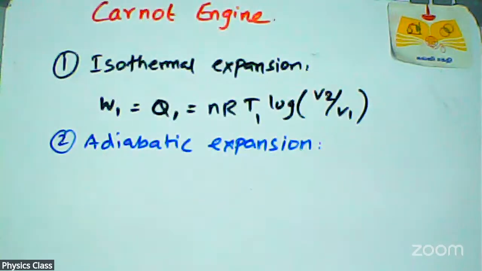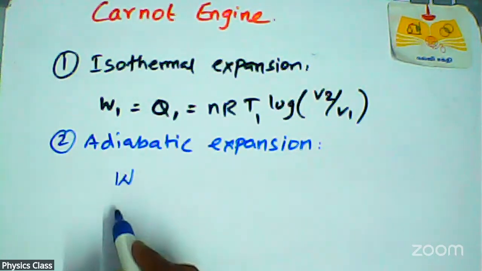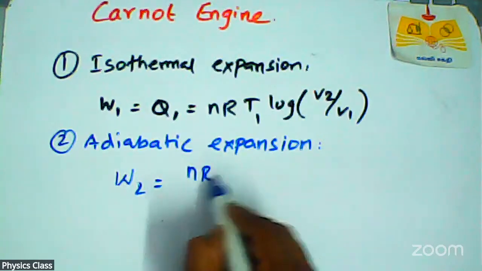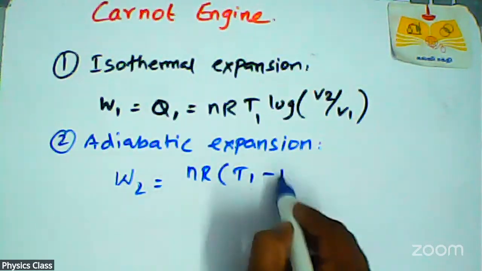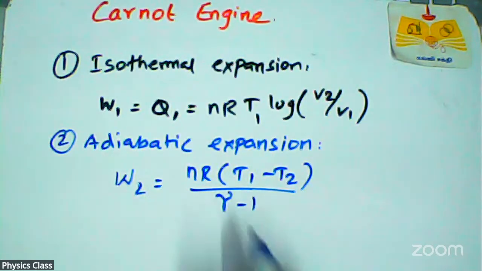The work done, denoted W2, is equal to nR (T1 minus T2) by gamma minus 1, where gamma is the ratio of specific heats.